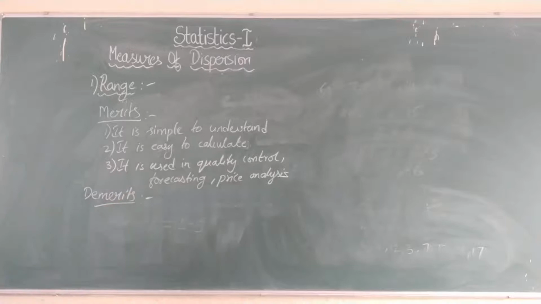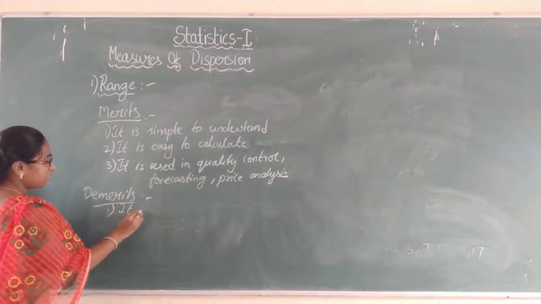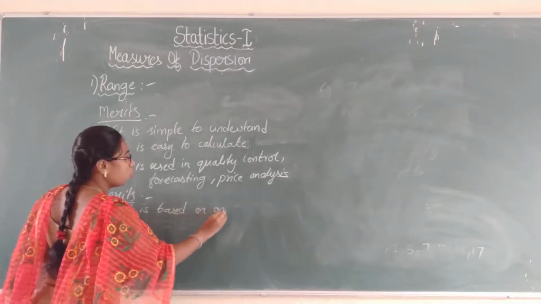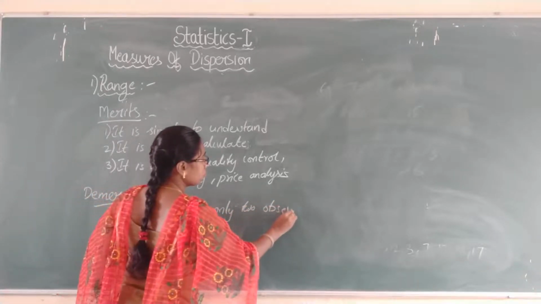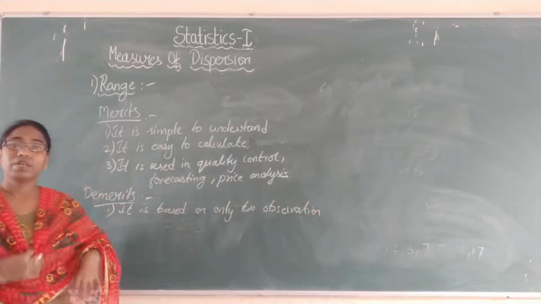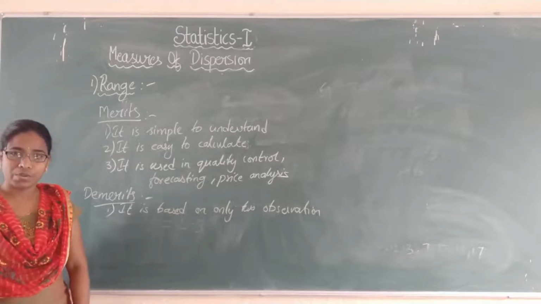So coming to the demerits, the first demerit is, it is based on only two observations. We have seen in the characteristics that whatever the measure is, it should be based on all observations.